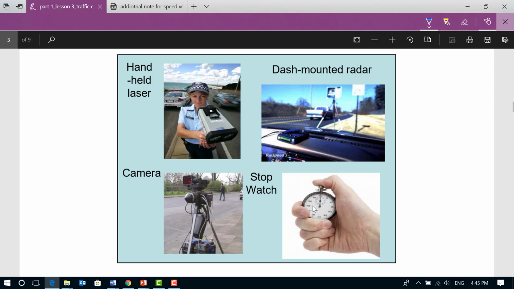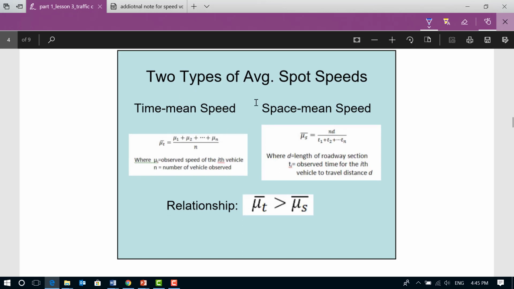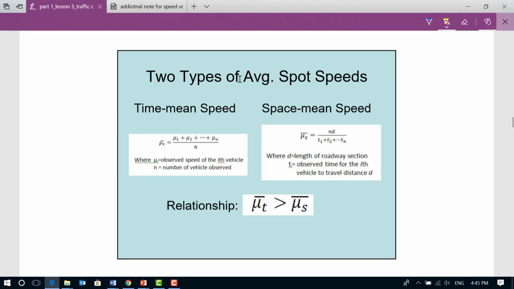The stopwatch measures the travel time over a relatively short distance, and then we use the total distance divided by the travel time. For spot speed, we are mainly concerned with the average spot speed, because for traffic flow we want to look at the whole traffic flow as a group. We don't care about the individual spot speed that much.